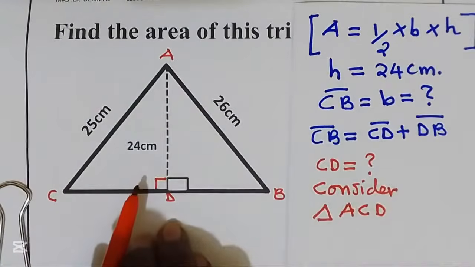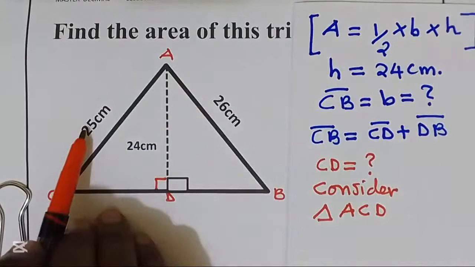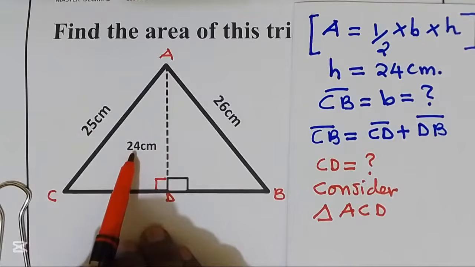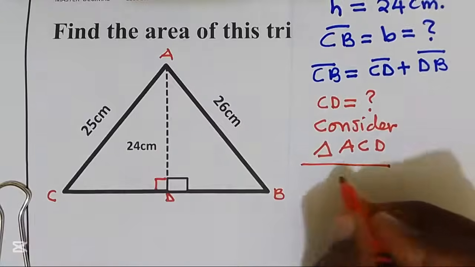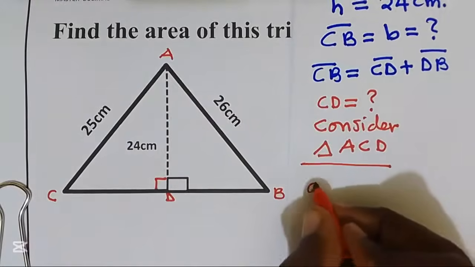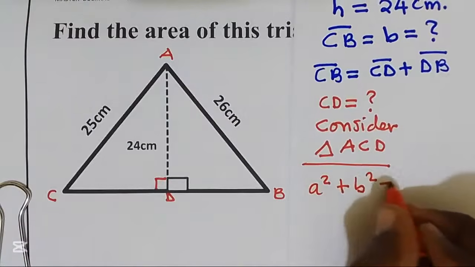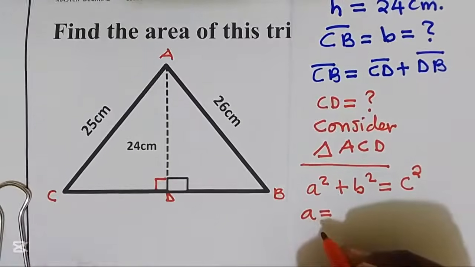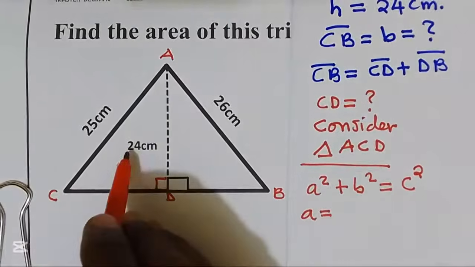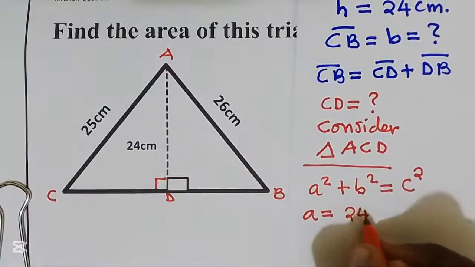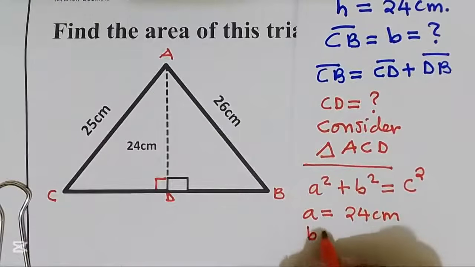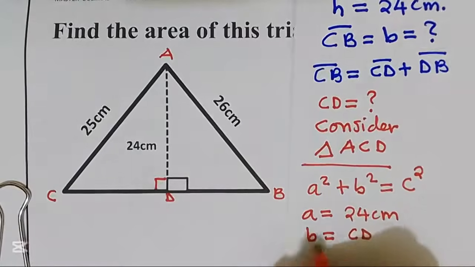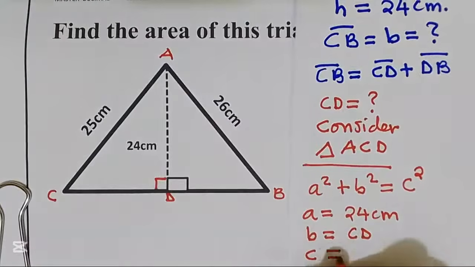I'm going to use Pythagorean theorem using the hypotenuse of 25 and the distance A of 24 to get the distance CD. From Pythagorean theorem, a squared plus b squared is equal to c squared, but I'm going to call a as 24. b is equal to distance CD, and c is equal to 25.